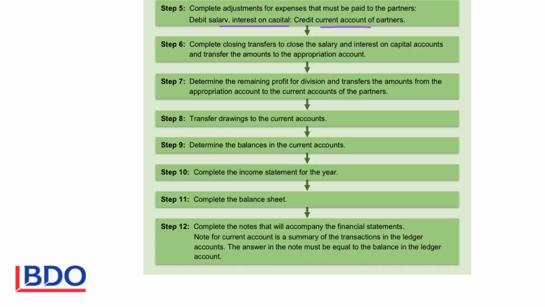After we completed this adjustment for the salary and interest and transferred it to the current account, we will complete closing transfers to close the expenses, salary and interest on capital, and transfer these amounts to the appropriation account. Because in the appropriation account, you will have the profit for the year on the credit side, and any money that's paid to the partners will be recorded on the debit side of the appropriation account.